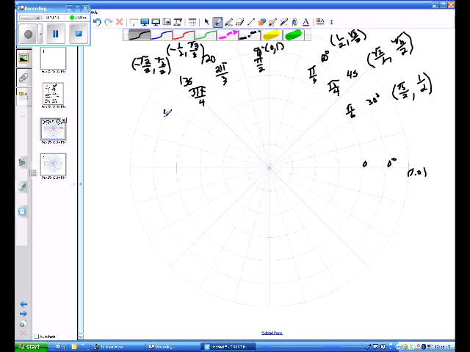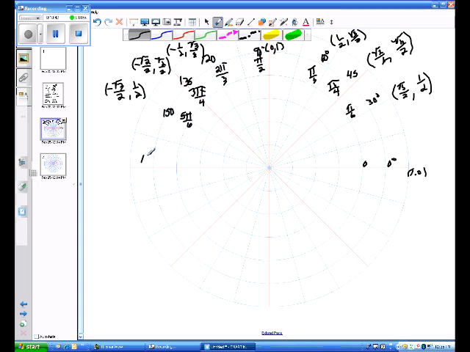And for 150 degrees, which is 5 pi over 6, then our cosine is negative square root of 3 over 2. The sine is 1/2. So that would be our y, which we found when we made our triangles, those were the ratios that we had. But you can see this is the reflection of 30 degrees.